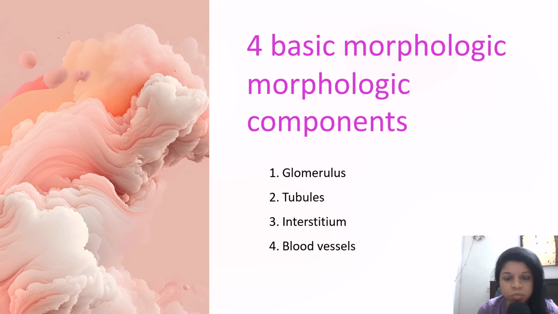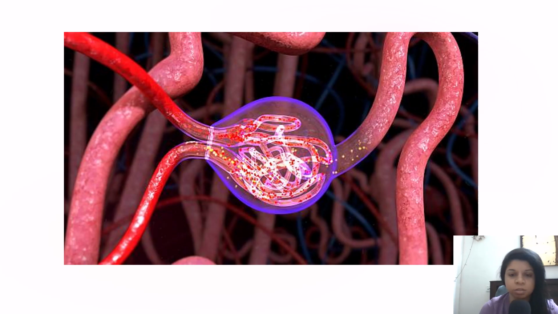So in histology, we have to know that there are four basic morphological components in the kidney, that are glomerulus, tubules, interstitium, and the blood vessels. I will repeat once more. It is very important. There are four components of renal morphology, that is glomerulus, tubules, interstitium, and the blood vessels.